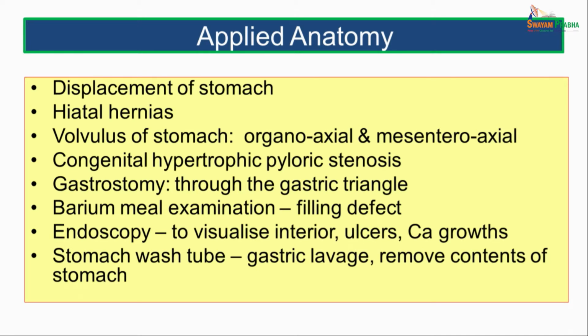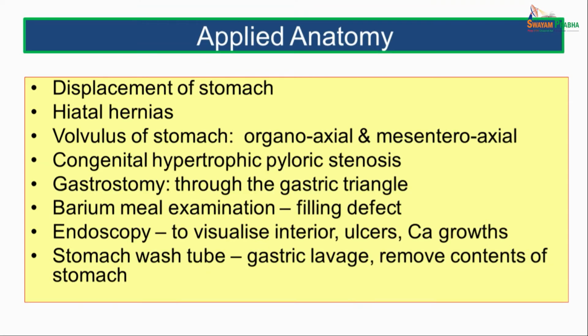So, two types of diaphragmatic or hiatal hernias, either a rolling hernia or a sliding hernia, where part of the stomach is going to be seen as a part or a content of the thoracic cavity.